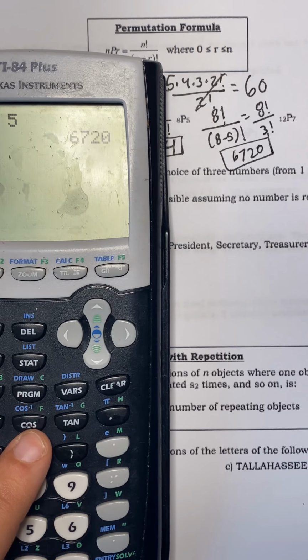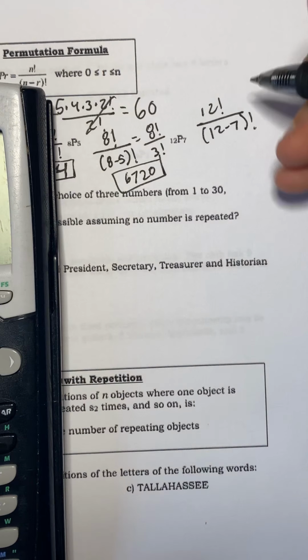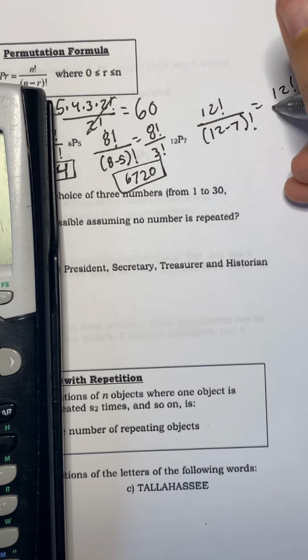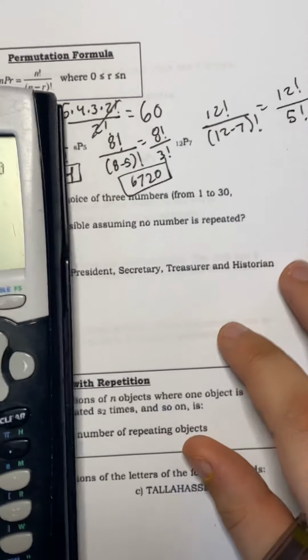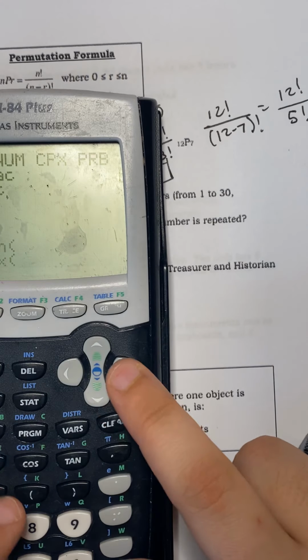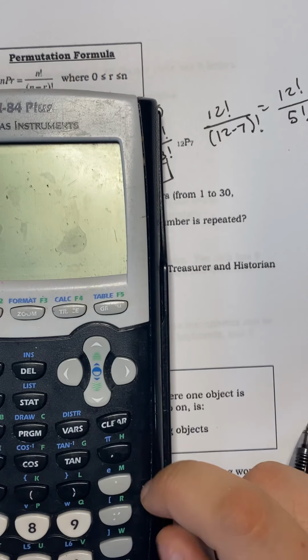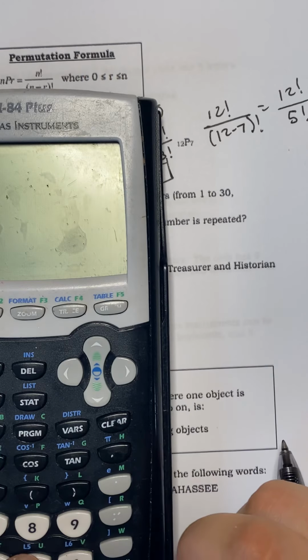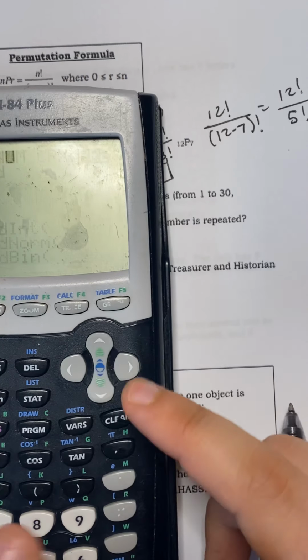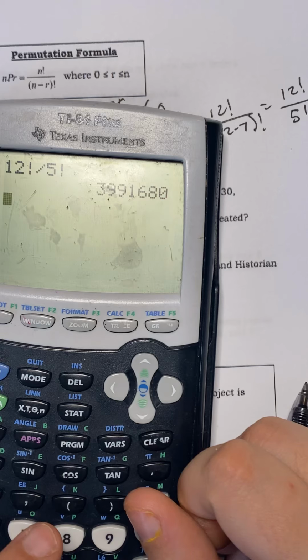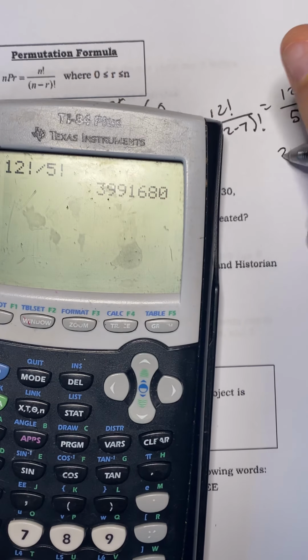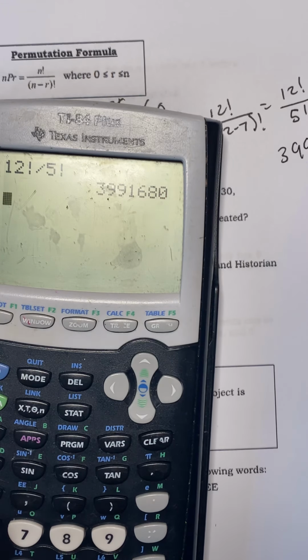Okay, and then the last one, 12 factorial over 12 minus 7 factorial. Okay, so that becomes 12 factorial over 12 minus 7 is 5 factorial. Okay, and so then you can do 12 math, go over to your factorial, divided by 5 math, go over to factorial, and you get 3,991,680.